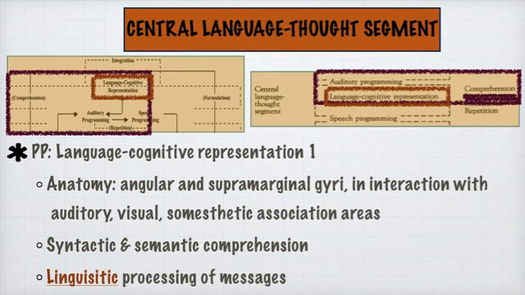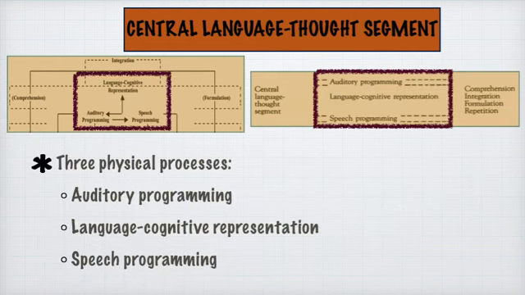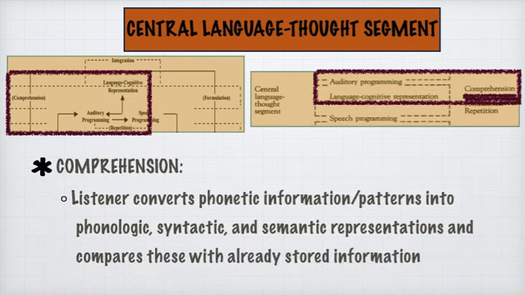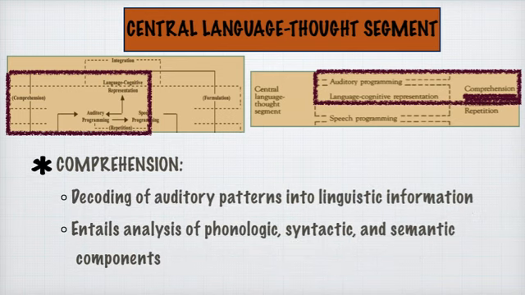So if we go back, atong tanawon, ang comprehension. Unsa man jud under comprehension? Di ba? Under comprehension, we have two physical processes: auditory programming and language cognitive representation. In auditory programming, di ba na ay phonetic patterns, na ay patterns ang ma-record. Mauna to siya ang syntax, no?